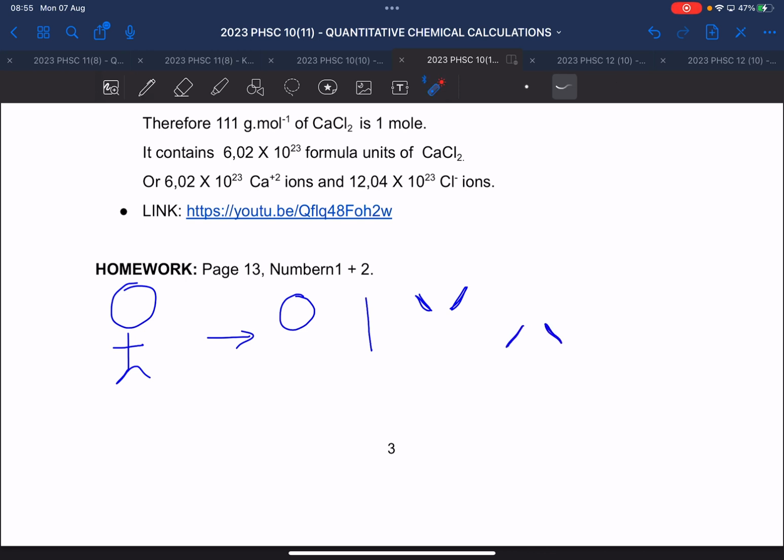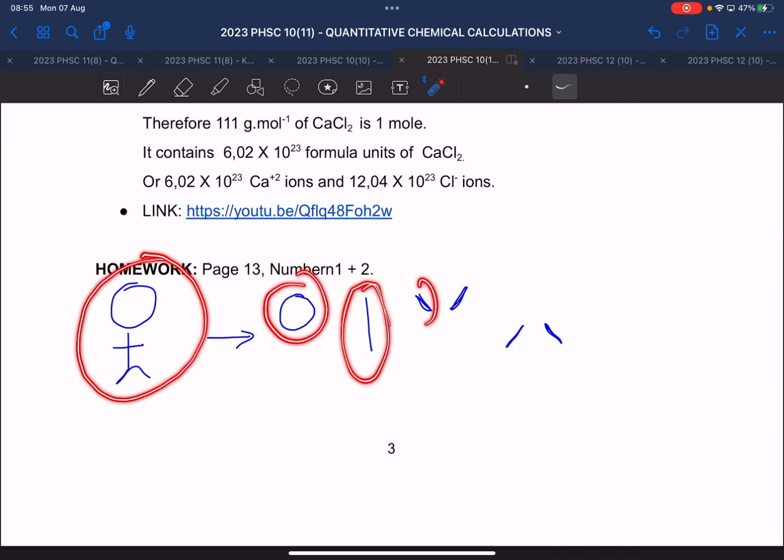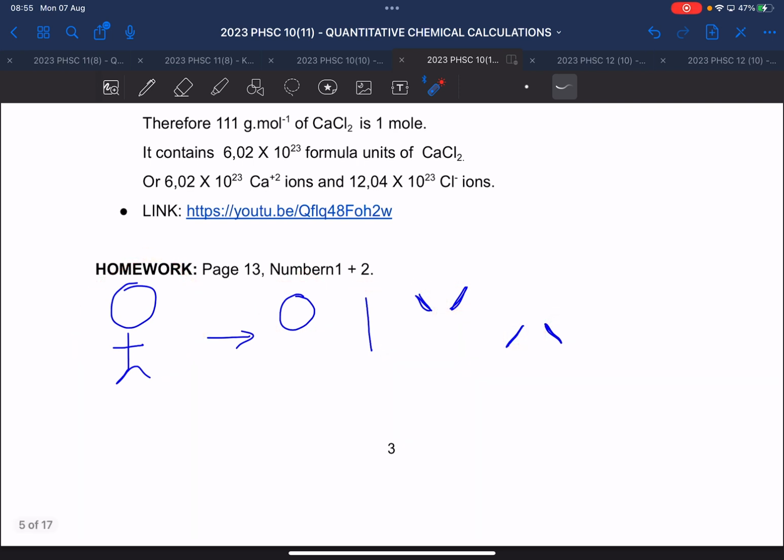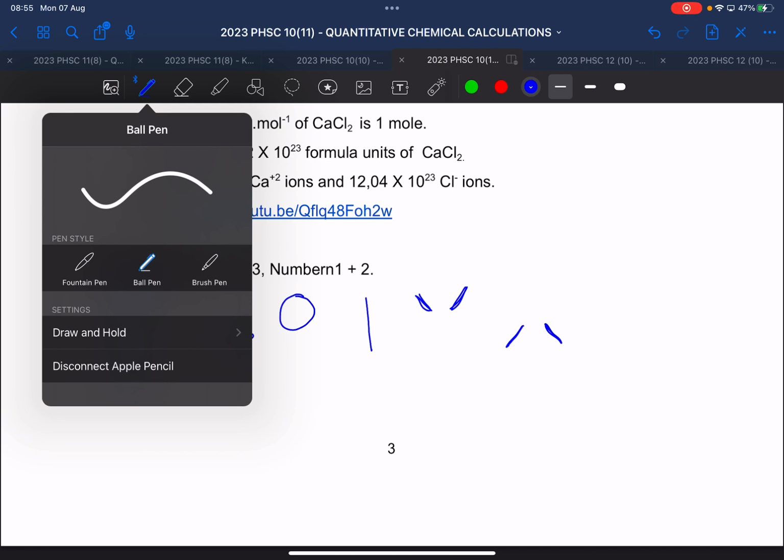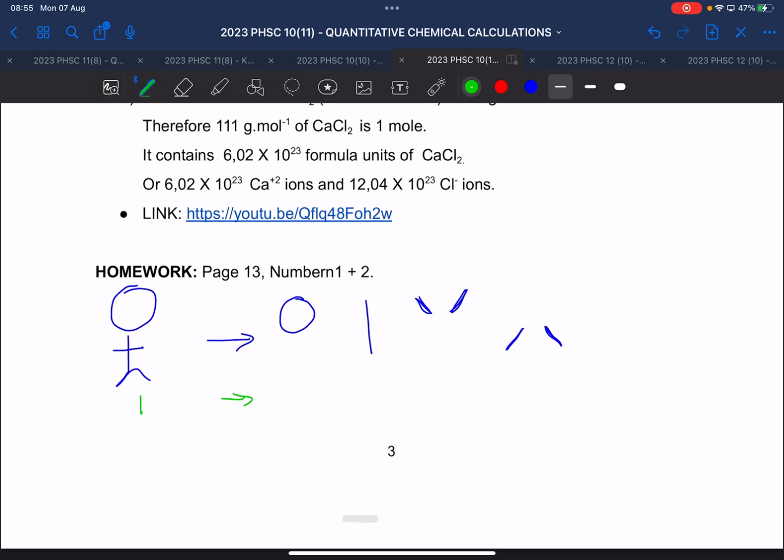So one man gives me head, body, 2 arms, 2 legs. So een ding, een ding gee vir my 1 plus 1 plus 2 plus 2, gee vir my 6 goed. Yes? You all get that? You all see that? One man gives me 6 things.